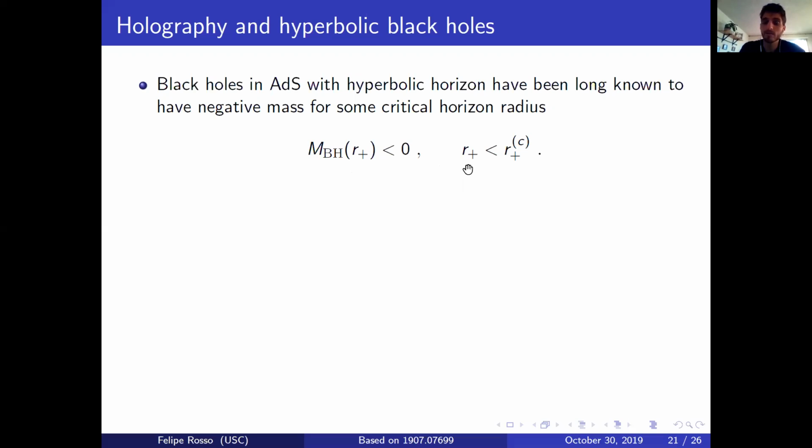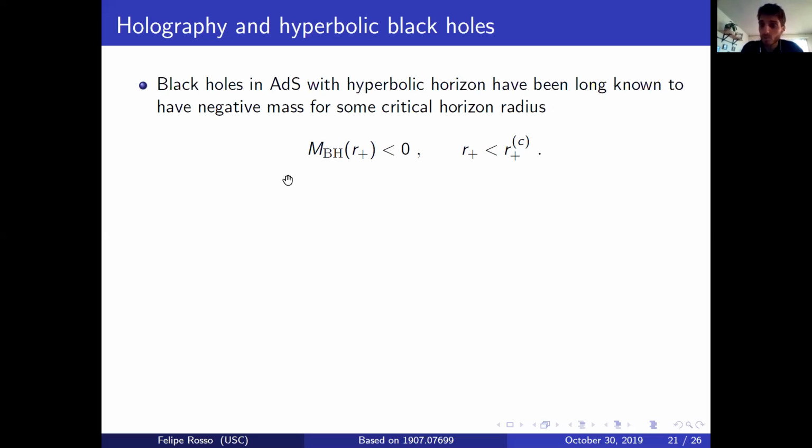This is to say, there's a value of the radius of the horizon for which the mass of the black hole becomes negative. Okay, this has long been known, and notice that from the gravitational perspective, this is somewhat weird, and it's not clear how to interpret this result, right? It is not clear what the meaning of this negative mass of the black hole is.